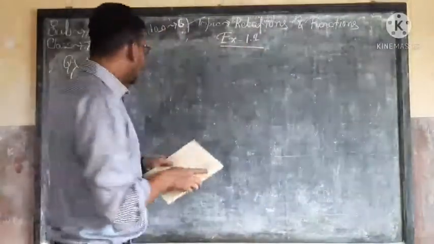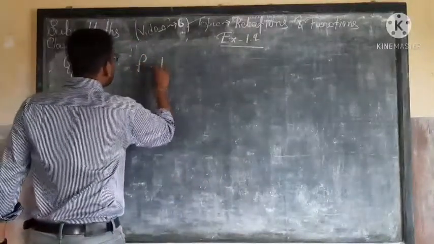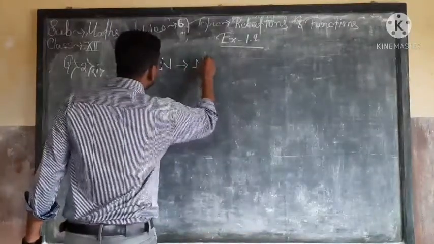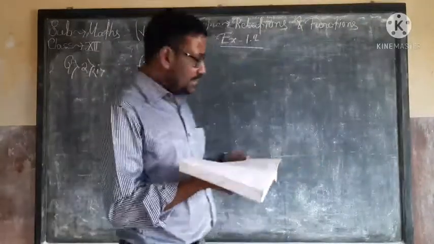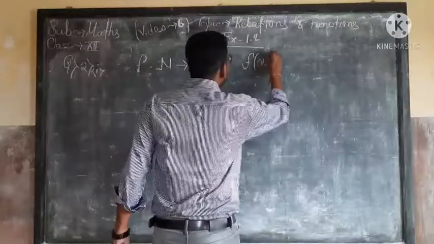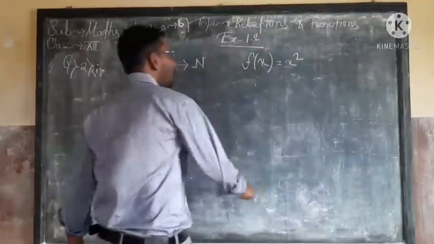The function f is a function from N to N, that means the natural numbers to the natural numbers, given by the definition f(x) equal to x square.